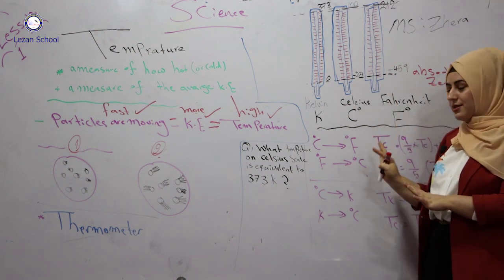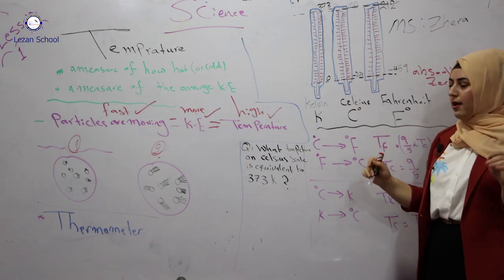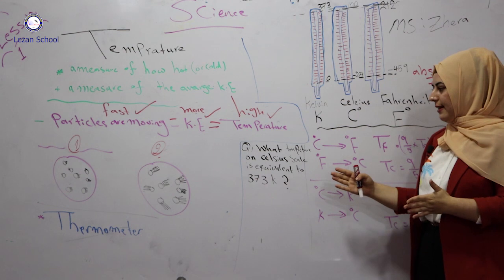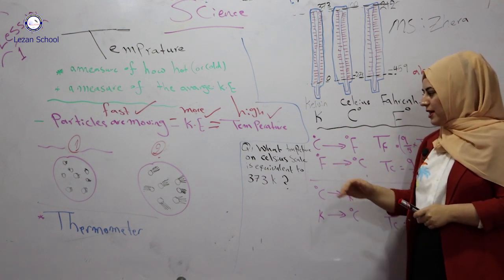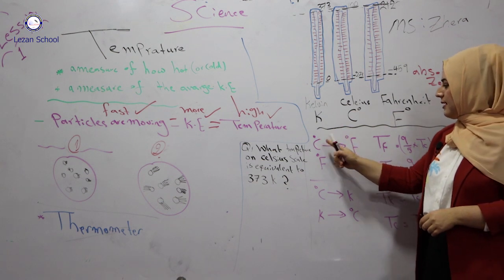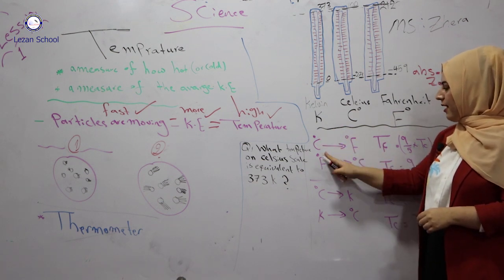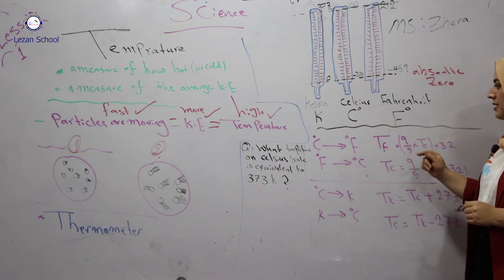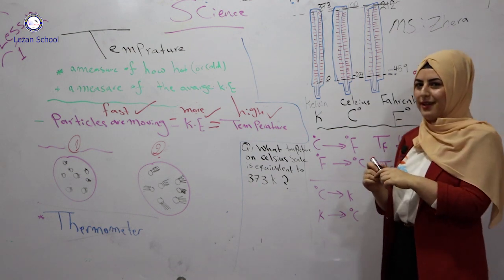This part is very important because here we change between scales. For example, in the exam we have a question on these rules: changing from degrees Celsius to Fahrenheit, or Fahrenheit to Celsius. They are the same, but with one difference.